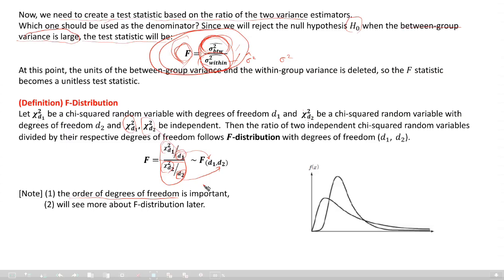So it is a very complicated random variable with a complicated probability distribution function. And what is the shape of the F distribution? The F distribution looks like this, depending upon the degrees of freedom: small degrees of freedom like this, and as the degrees of freedom increase, the skewness is eliminated. Finally, when the degrees of freedom D1, D2 are very big, the F distribution approaches the normal distribution.